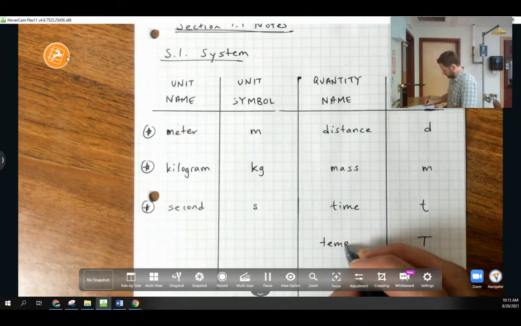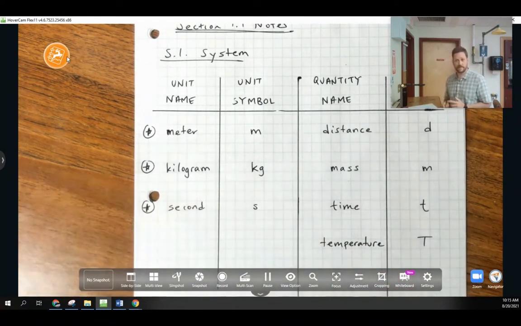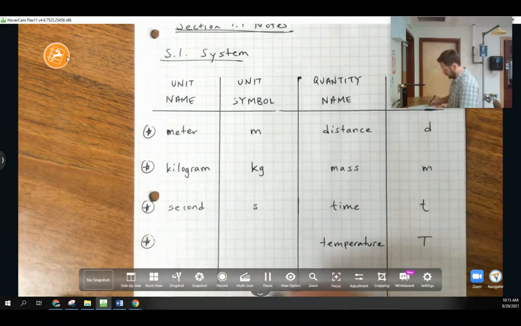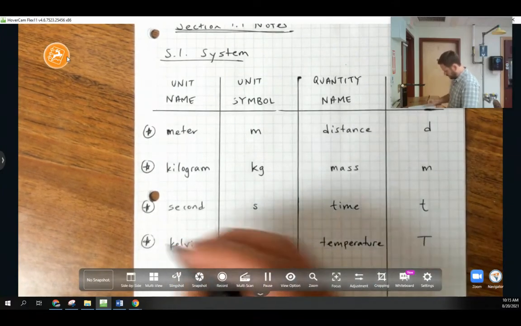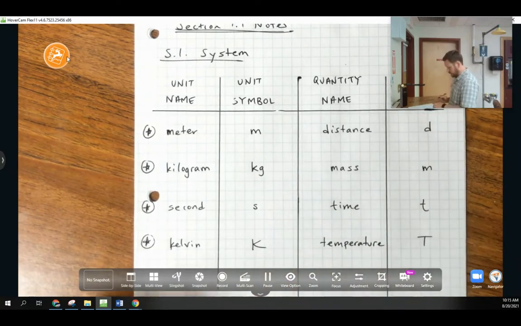And temperature, you may be familiar with some common units of temperature like Celsius and Fahrenheit, but in the SI system, temperature is measured in kelvins. 1 Kelvin, 2 kelvins, and the unit symbol is an uppercase K. So there's the 4 that we're going to start with. Those are all the ones that we're going to put an asterisk next to.